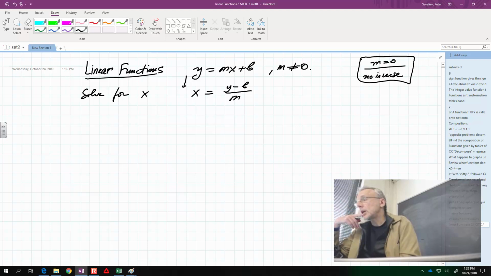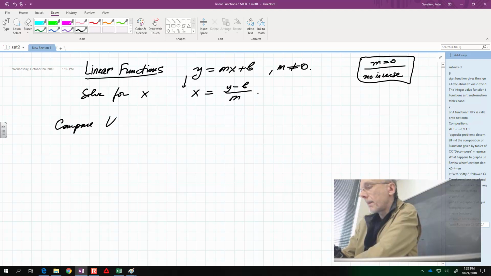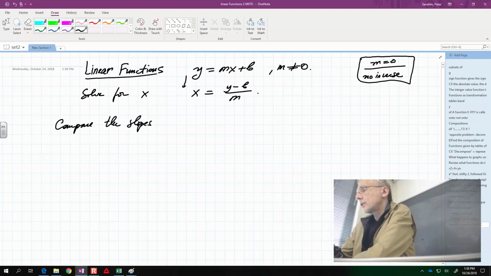Okay, and then it's probably a good idea to take a closer look and compare the slopes. So f has slope m. What about f inverse?